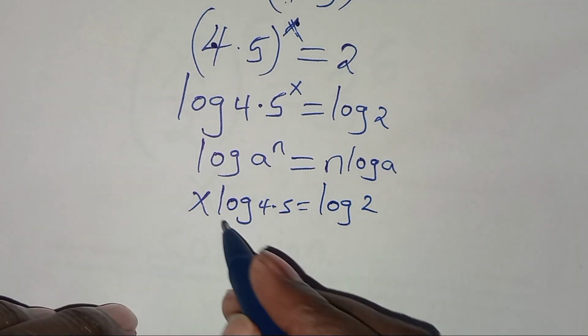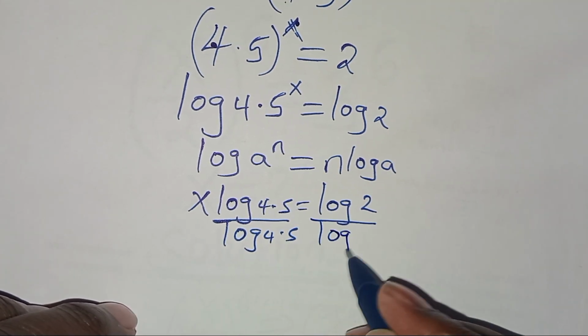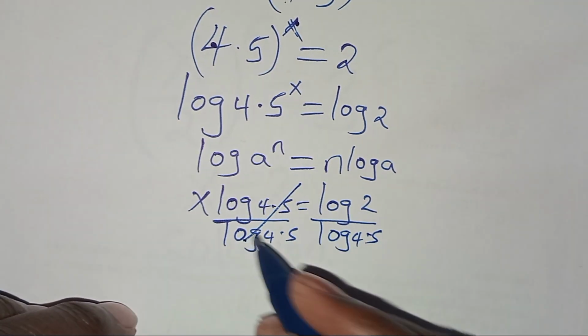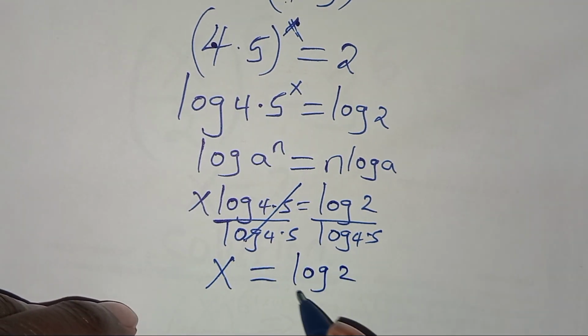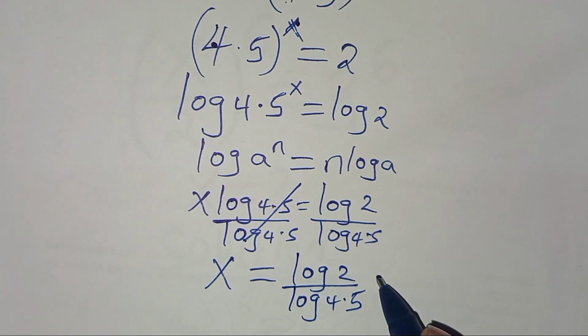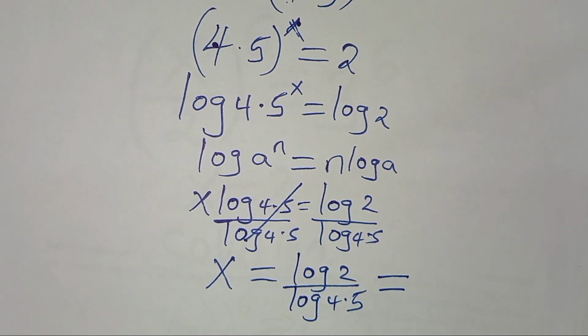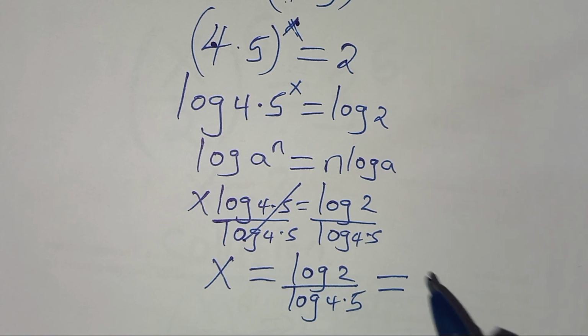Now let's divide both sides by log 4.5, so that the value of x is equal to log 2 divided by log 4.5.